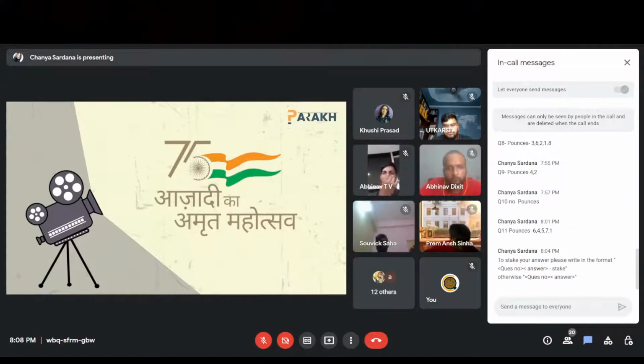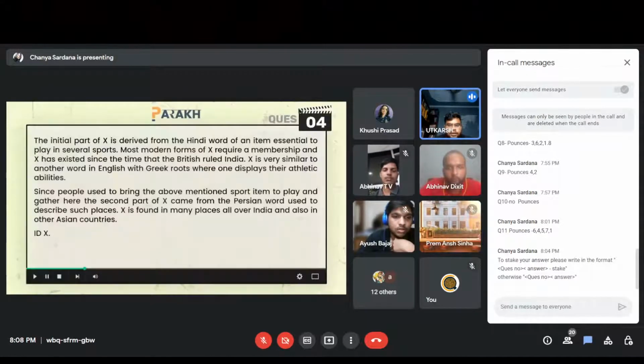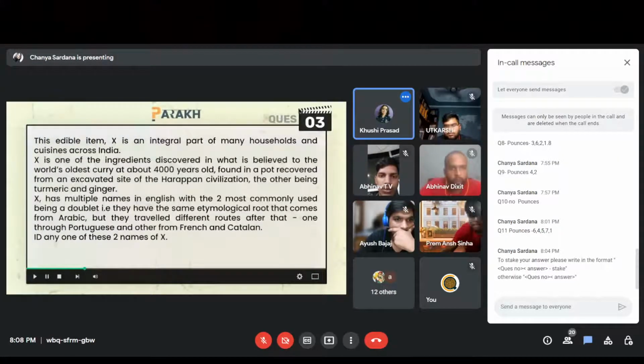Can you please, for the previous question, the fourth one, do just a quick rerun of the last two questions? Okay, we'll do a rerun. Third question. So this edible item is an integral part of many households and cuisines, and it was discovered in the world's oldest curry.